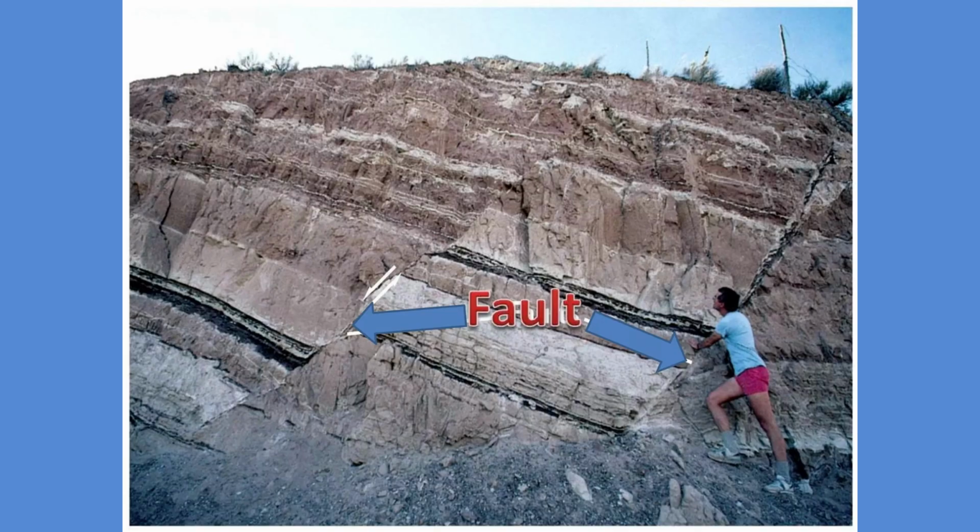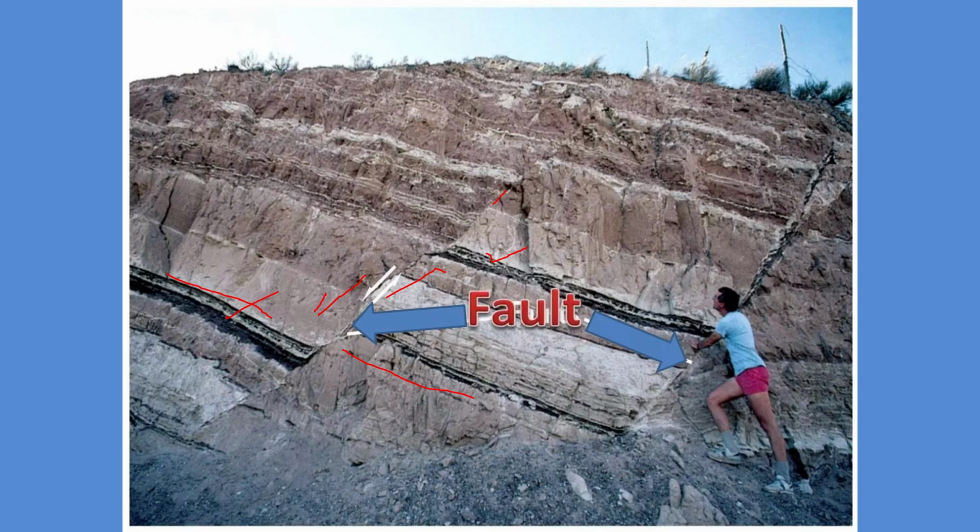Coming to the second slide, in this field photograph you can see a fault marked over here. This is a type of fault in which we can see that the beddings in the rocks, which were present earlier, are displaced with respect to each other. This is a black colored bedding stratum, and on the opposite side of the discontinuous plane there is another bedding of the same bed, also black in color, which is offset with respect to the first.